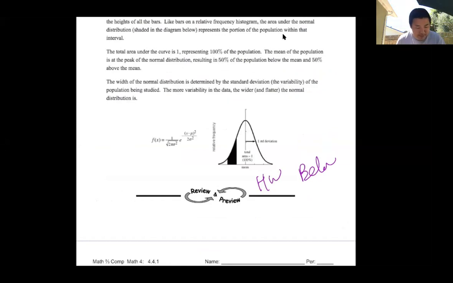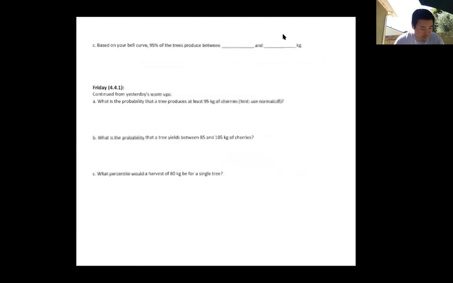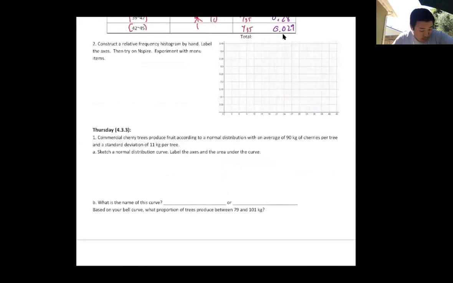I think I might have missed the PDN, so here I'm going to do Thursday's PDN. Commercial cherry trees produce fruit according to a normal distribution with an average of 90 kilograms per cherry tree and a standard deviation of 11. Sketch a normal distribution curve and label the axes under the curve.